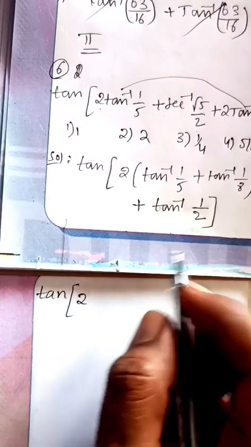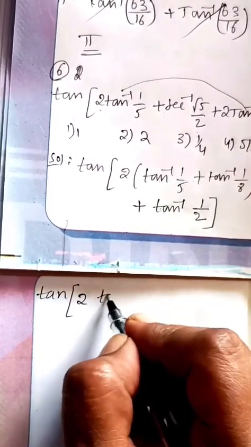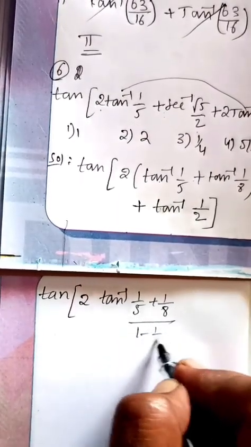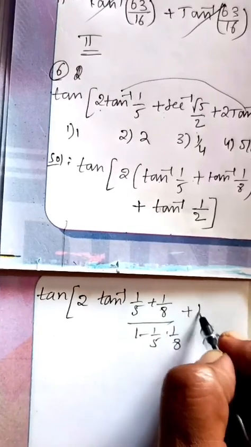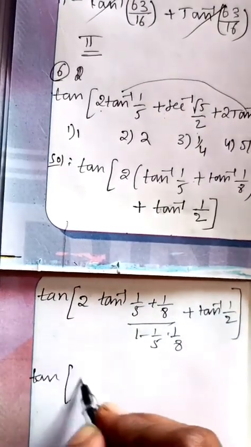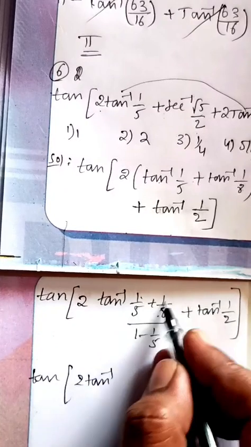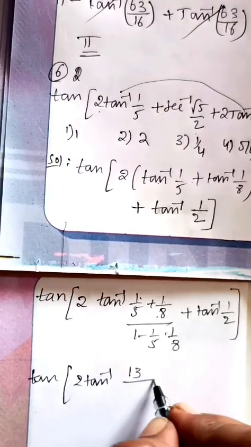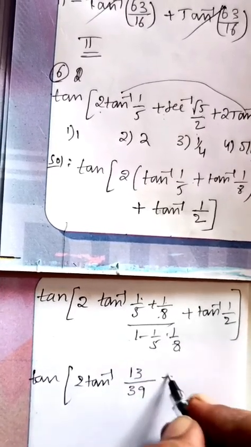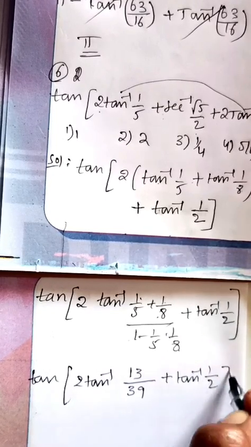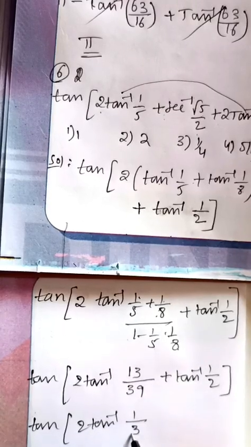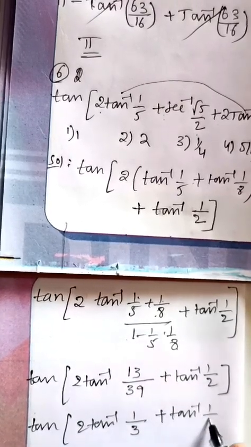Using the formula, tan inverse of x plus y by 1 minus xy: 8 plus 5 is 13, 8 into 5 is 40, 40 minus 1 is 39, so 13 ones, 13 threes, tan inverse 1 by 3, plus tan inverse 1 by 2.